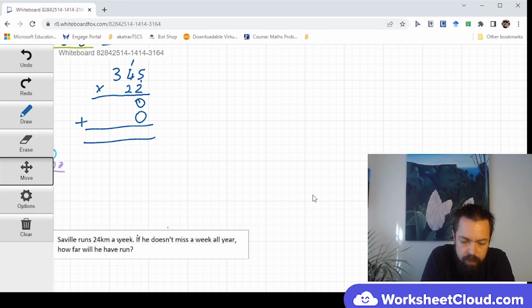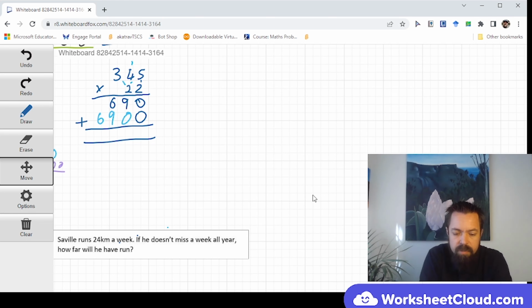Carry 1. 2 times 4 is 8, plus 1 is 9. 2 times 3 is 6. 2 times 5 is 10. Sorry, I didn't carry my 1. 2 times 4 is 8, plus 1 is 9. 2 times 3 is 6.